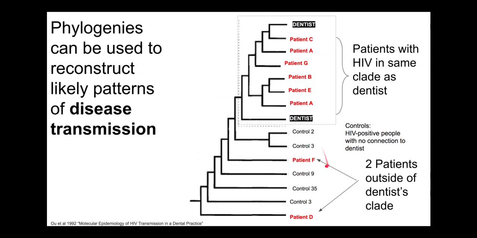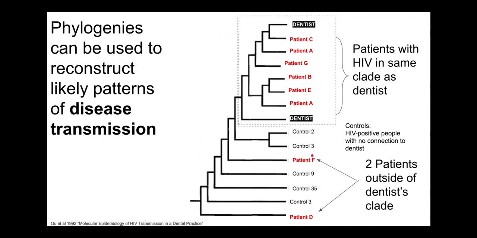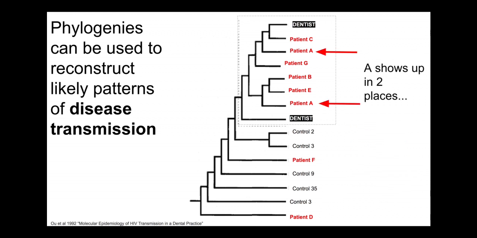What's interesting is there are two patients here that are outside. These could be patients that picked up HIV somewhere else. Another interesting feature is that the dentist shows up in two places and patient A shows up in two places. So think for a second how that could occur. There's two possibilities.